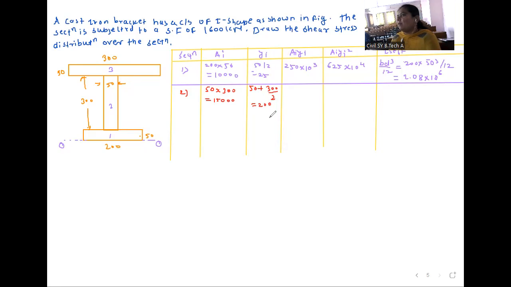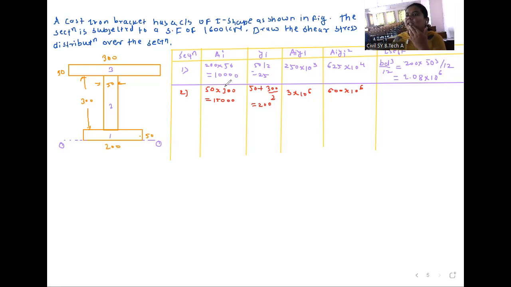After that ai yi, 3 into 10 raised to 6. After that ai yi square, 600 into 10 raised to 6.